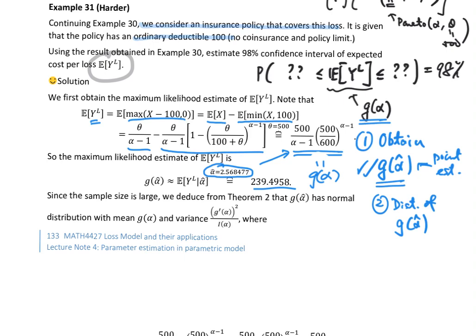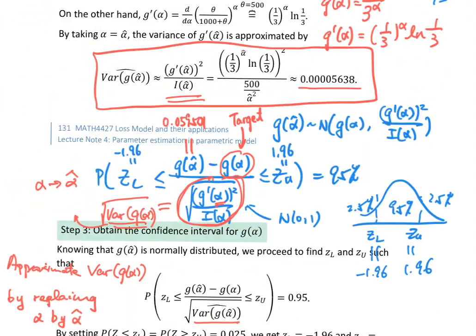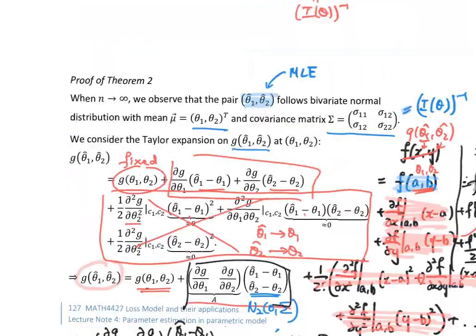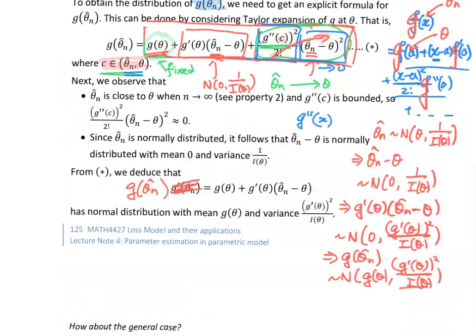Next, we will try to obtain the confidence interval by first finding the distribution of G alpha hat. Again, because alpha hat is your MLE, and you can see this function is a very nice function, twice differentiable, you can just use Theorem 1 again.